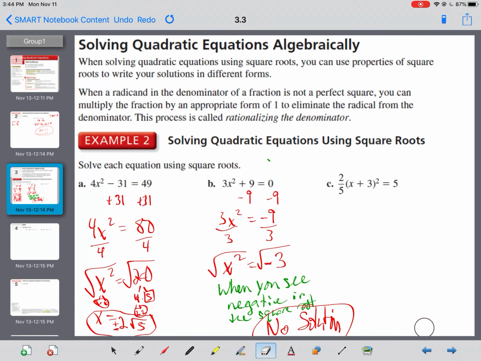Can't do it. As soon as you get x squared equals a negative number, you're done. No solution. Now see, oh my God, scary, a fraction.